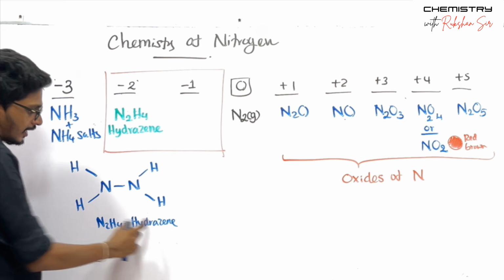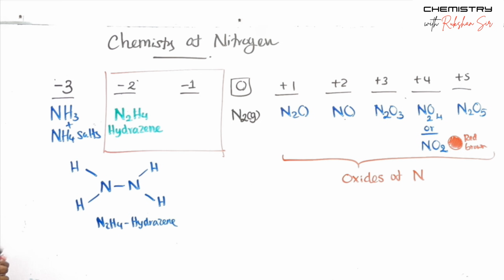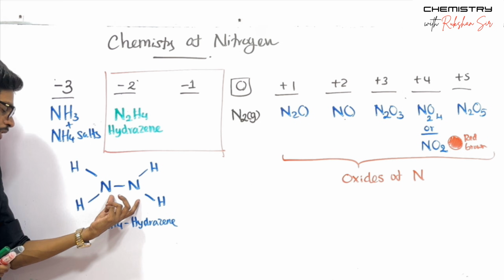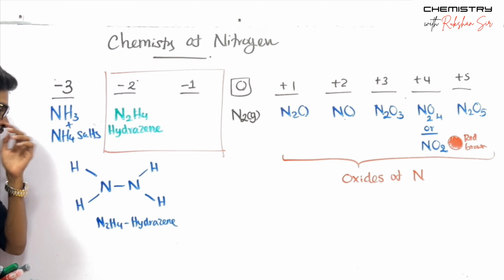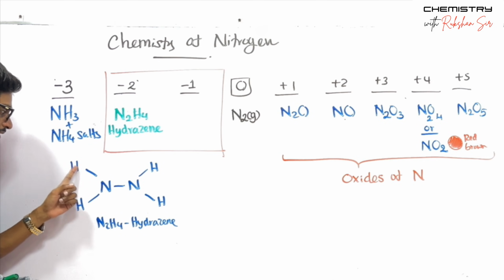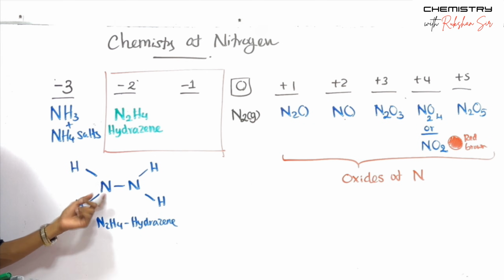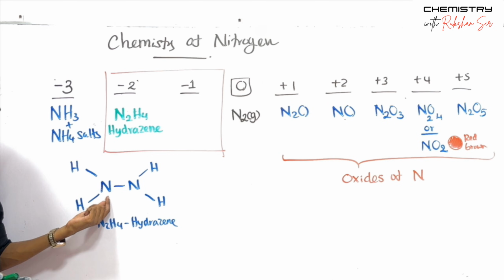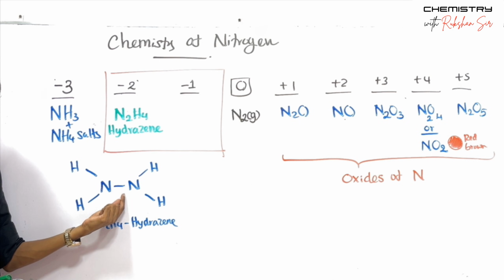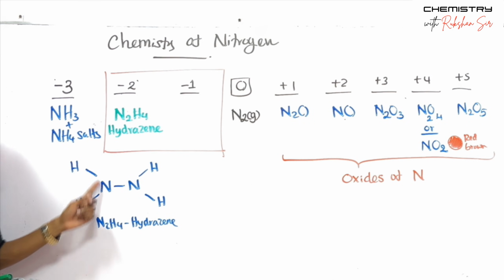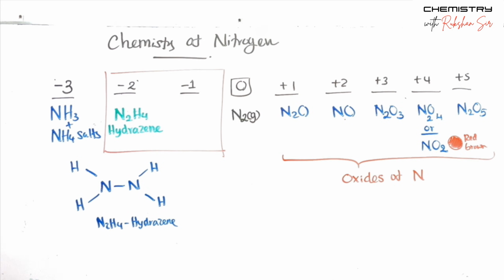Hydrazine is the compound with the -2 oxidation state of nitrogen. With these two N-H bonds, the electrons are drawn towards the nitrogen, so nitrogen gets a minus delta, giving -2.